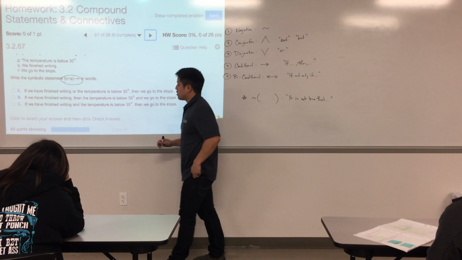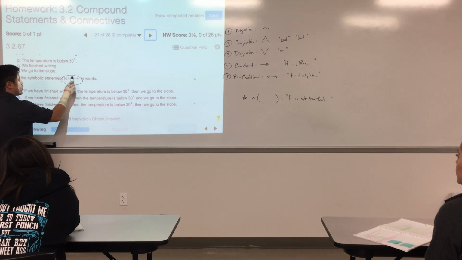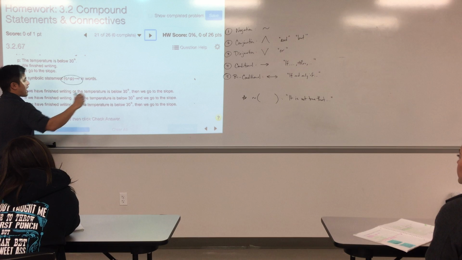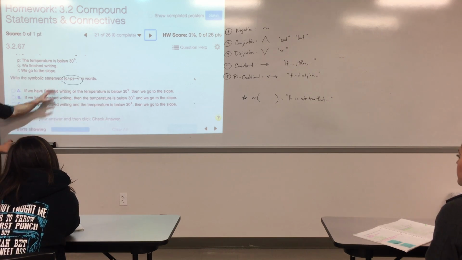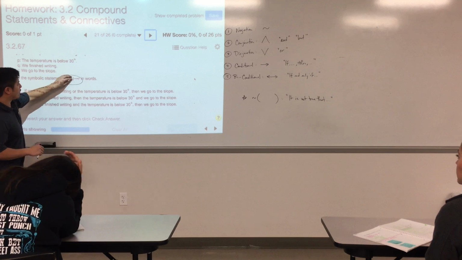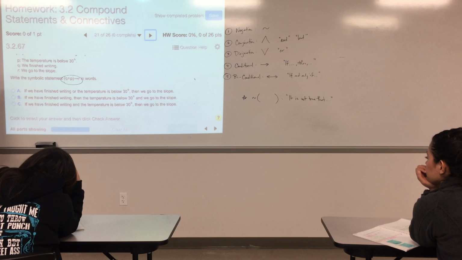Okay. All right. Now, should this Q and P right here, Q conjunction P, should that come before the then or after the then? It should come before, right? Because it should be if this, then this. Everybody agree? Okay, so let's go find it.